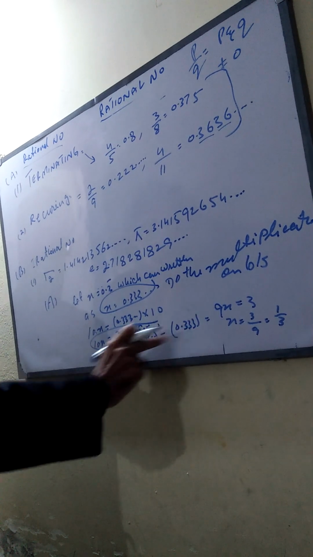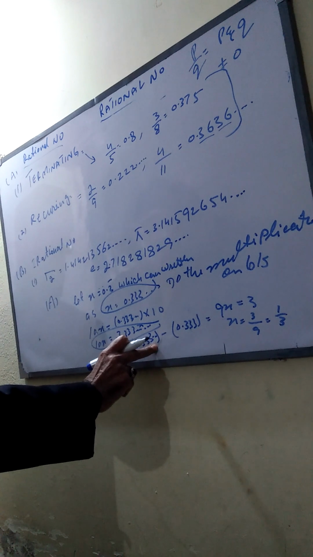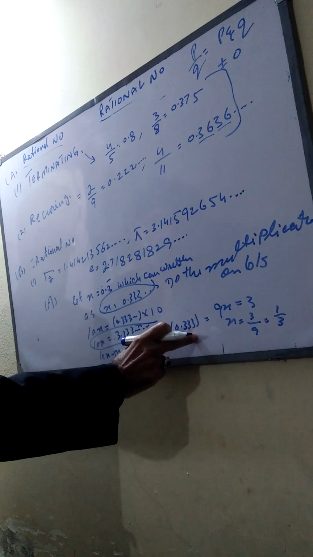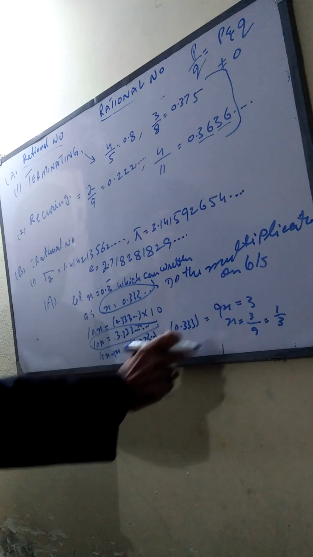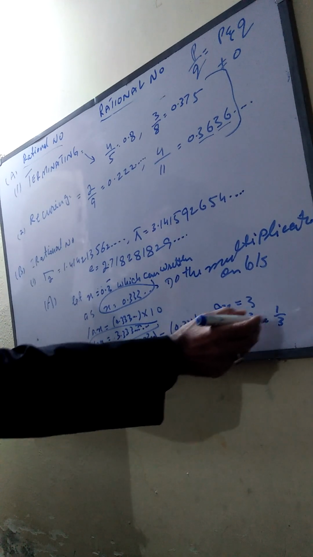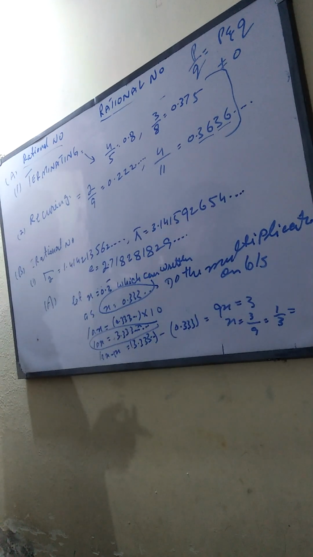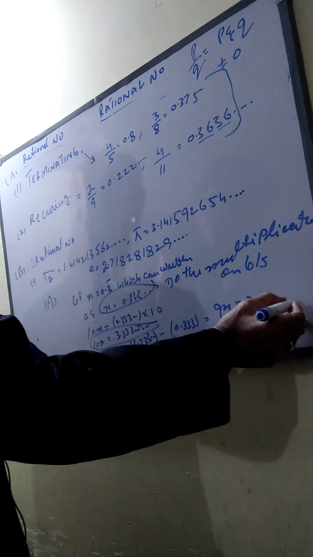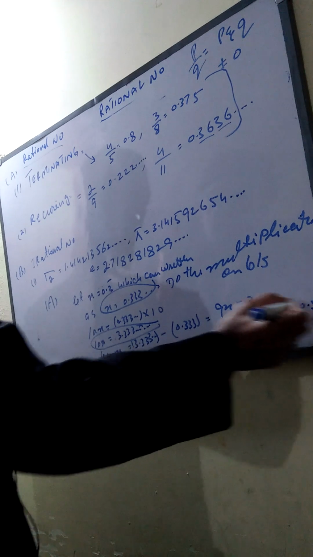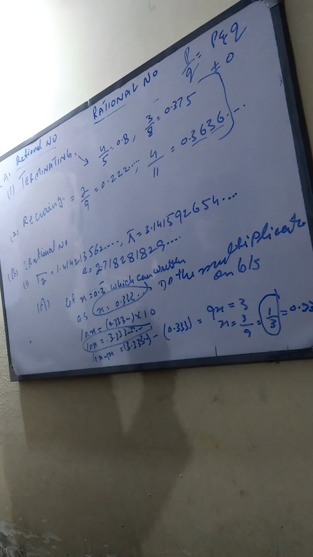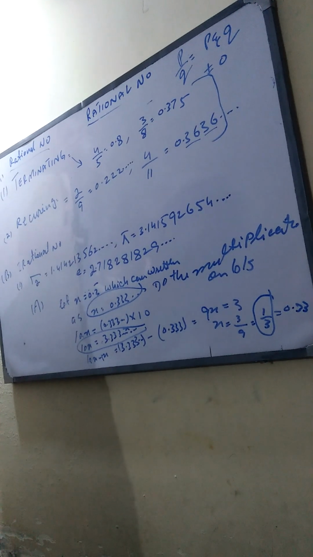Then you subtract 0.333 from 3.333, it will become 9x is equal to 3. Then x is equal to 3 upon 9, it will become 1 upon 3. When you again divide 1 by 3, it will again become 0.33. So this recurring or terminating value can also be written in the form of P upon Q.